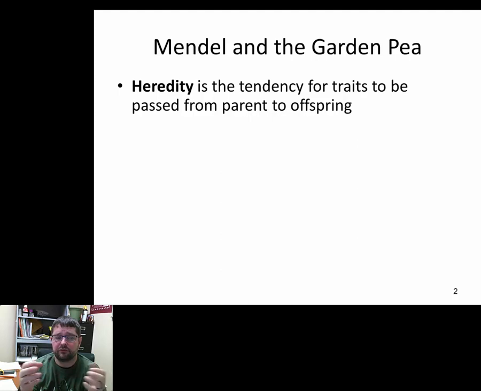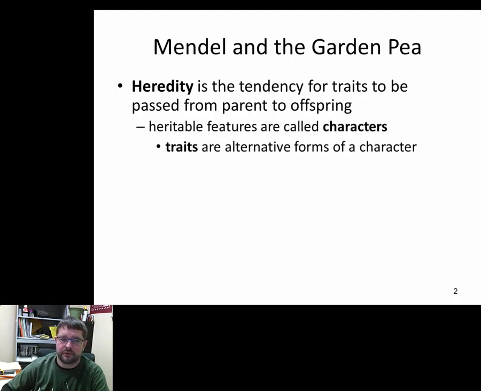And then the new individual is a combination of those particles. Okay. Now, it was a pretty good idea at the time, but we now know that to be not true. But it was Mendel who came up with how things can be inherited. So heredity is kind of given to Mendel's work with garden peas.